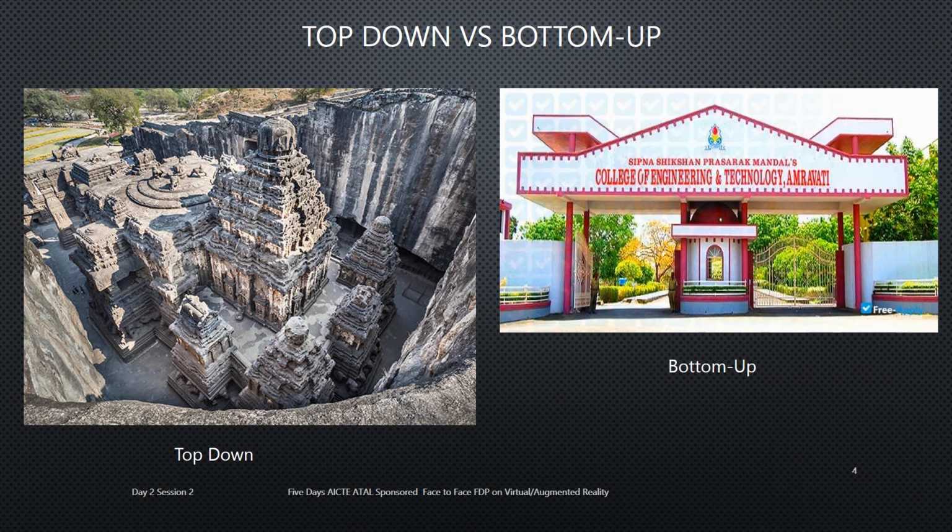Now our forefathers created the Ajanta and Ellora caves. They used the top-down approach. It is said that the top was created first and then they went down. The picture on the left hand side is the top-down approach, whereas the entry gate of our college is a bottom-up approach.